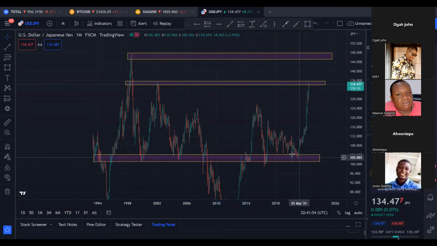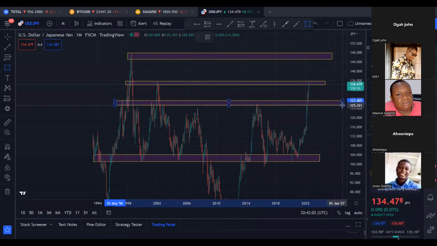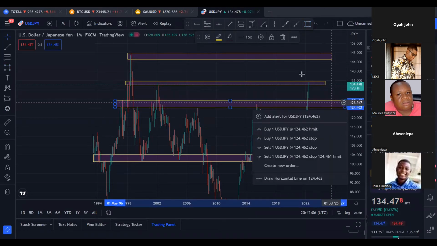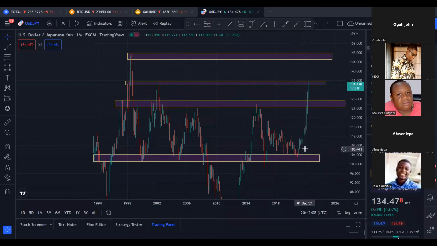Then the next stage of concentration, to my observation, is this level here. That's my next level of concentration on the monthly time frame. Why? Definitely, if price got rejected here, one way or the other, this is where it could come.